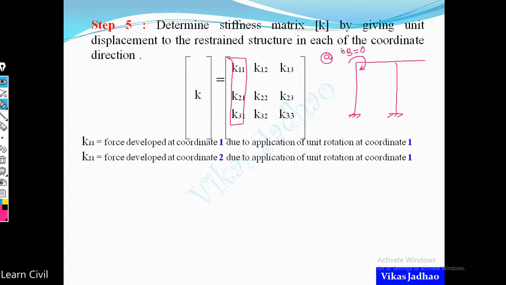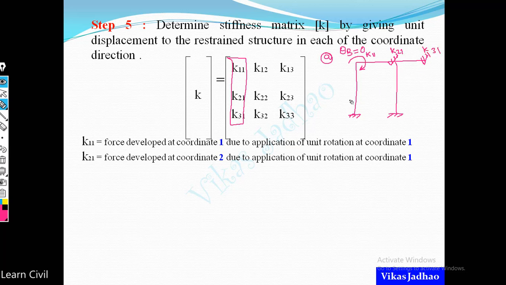This theta B is equal to 1, assuming all other supports as fixed, therefore we'll get the force coordinates or stiffness coefficients K11 here, K21 here and K31 here.